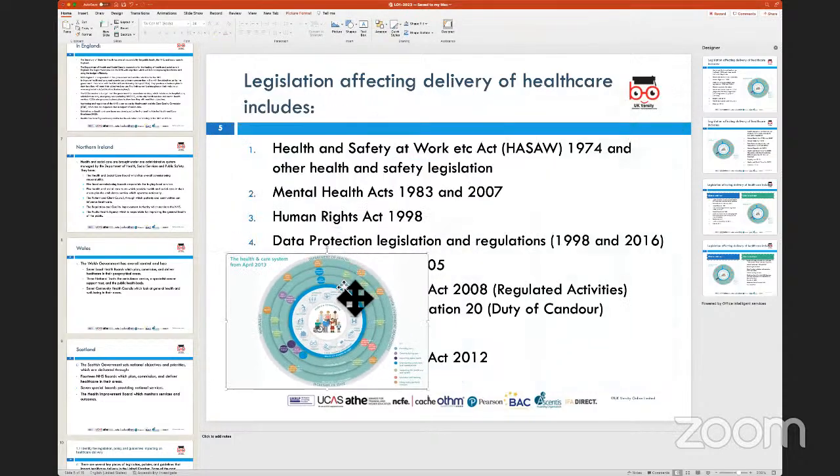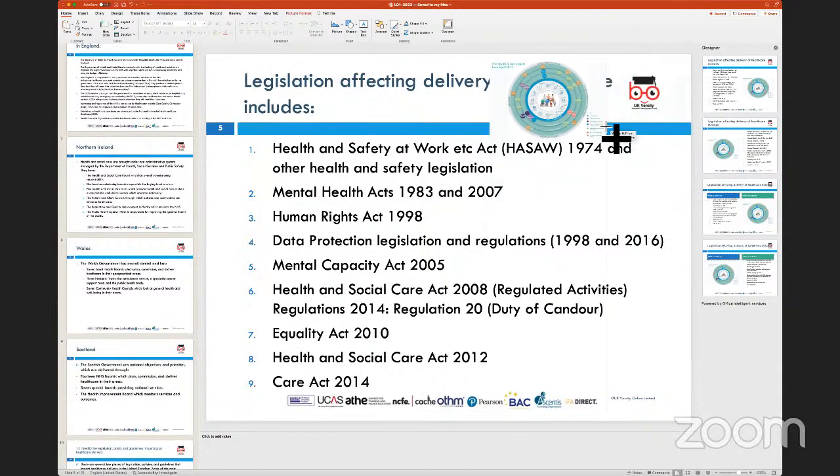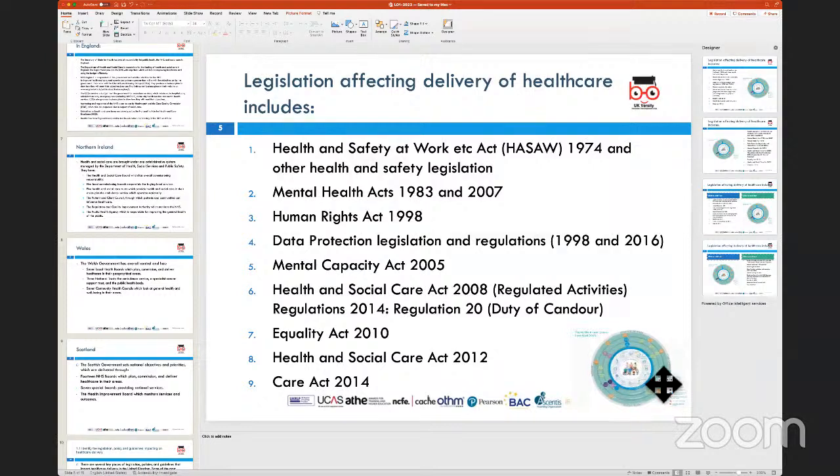So the formation of acts that we talk about is basically done at the parliament level, at the government level. Then they are adapted into the national organizations first, and then into the local organizations, which is where the clinical commissioning groups are important.